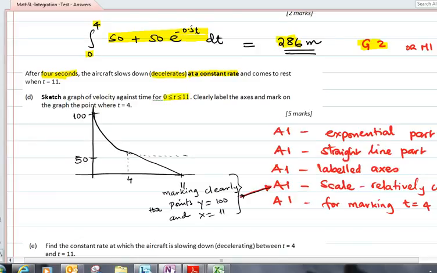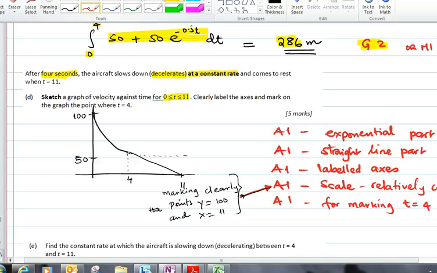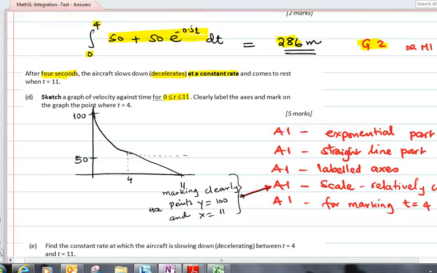So please note that in this case, the first 4 seconds, that graph is the exponential part. If this were to continue, it would continue like that, approaching a limiting value. But at t equals 4, that point there, the situation changes to a constant deceleration until it comes to rest.